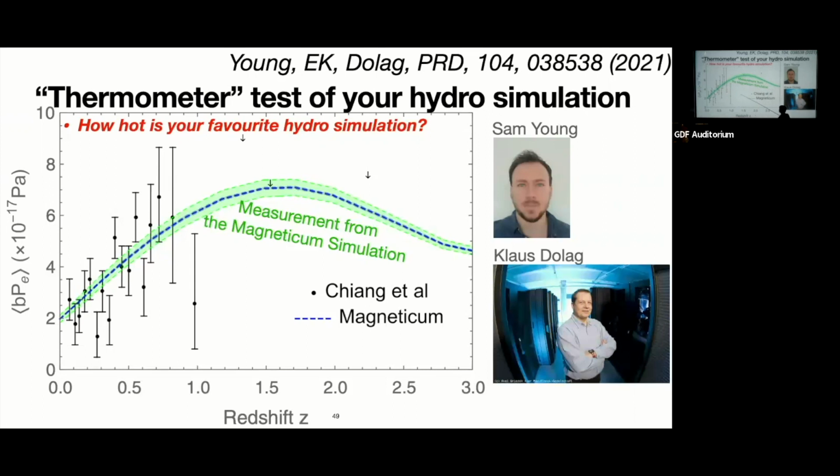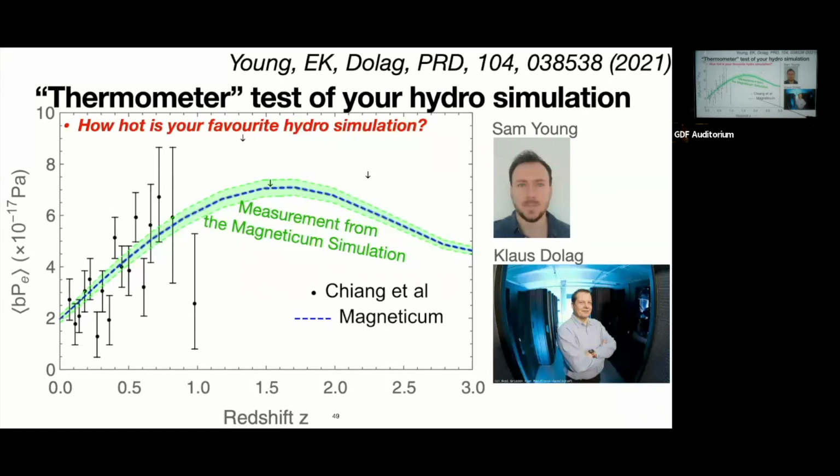They're completely different here. So if we can extend these measurements to higher redshift, then we can use this to test the cosmological hydrodynamical simulations in a very easy, robust manner, because the measurement is relatively easy to make.